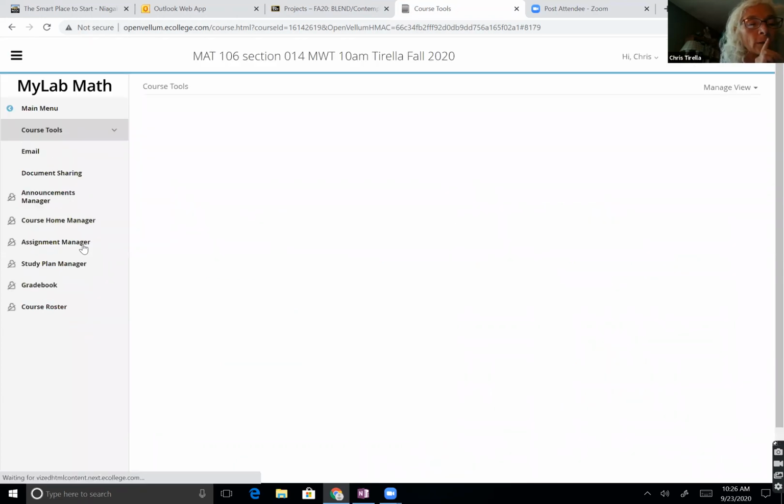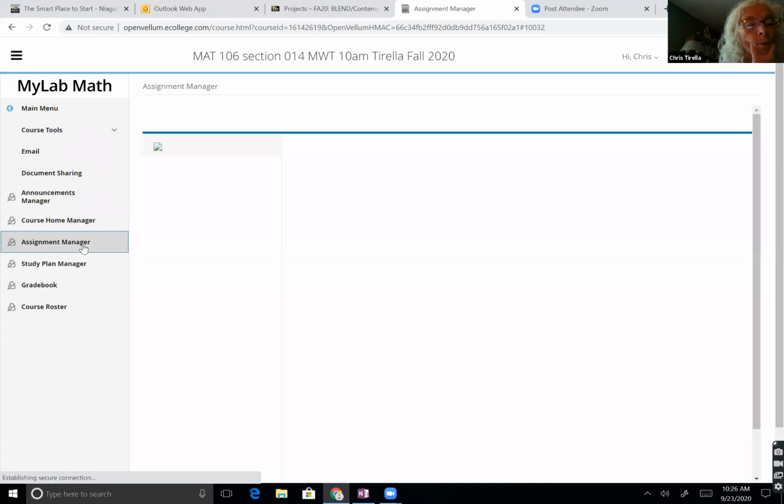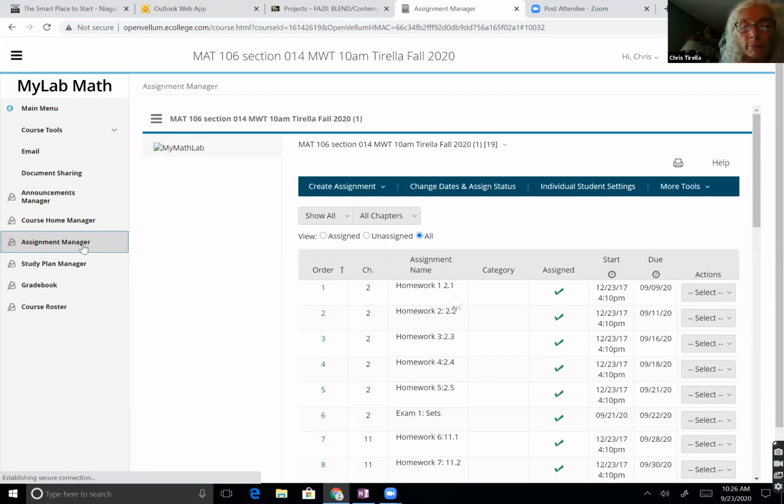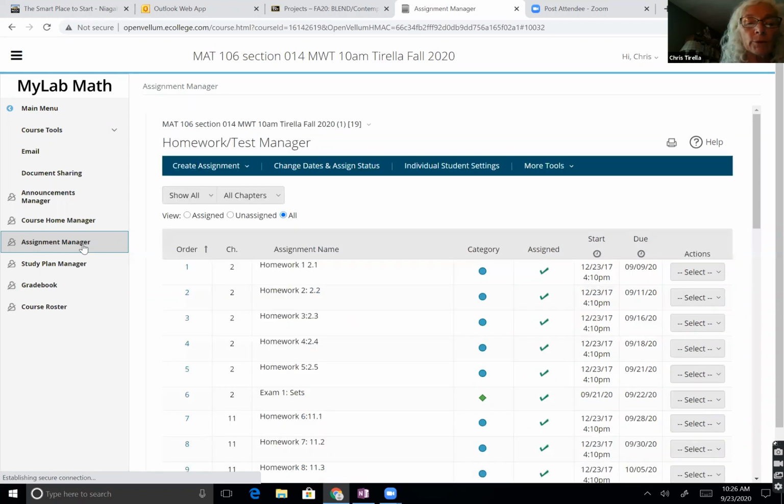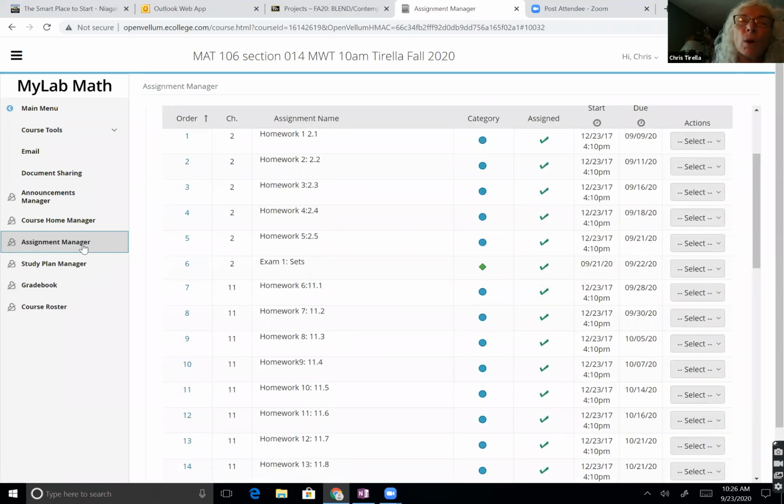I don't want to look at the test until Friday, and we will look at the test on Friday. Outside of that, homeworks 1 through 5 should be done by now. If you did not do one and it says past due, you can still go in there and work on it.